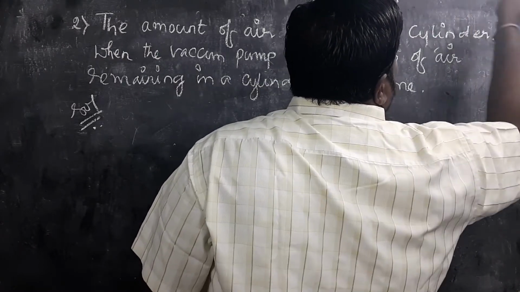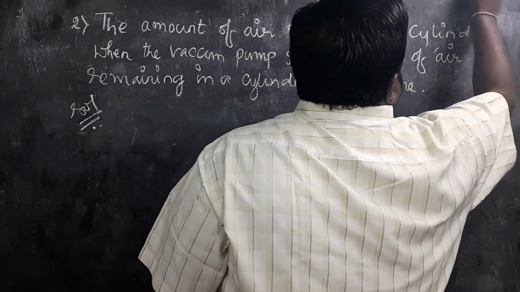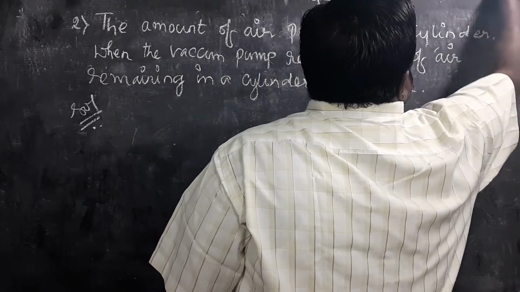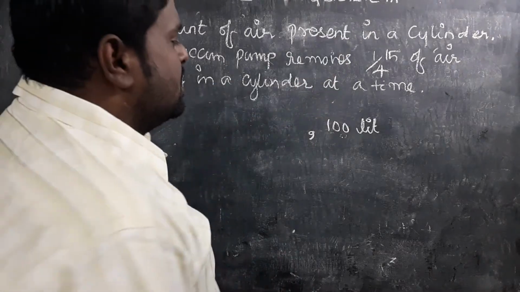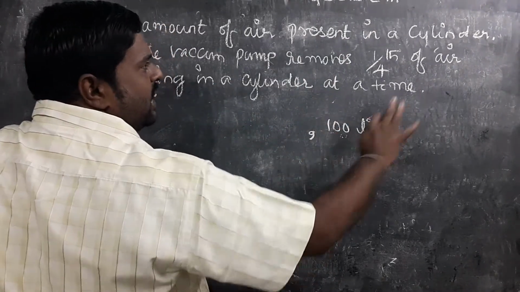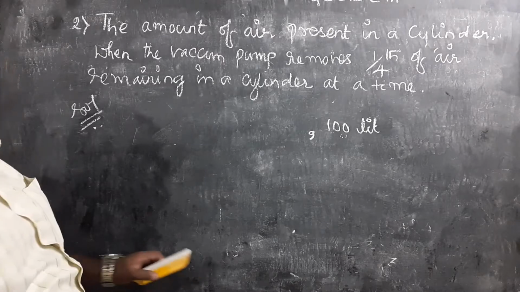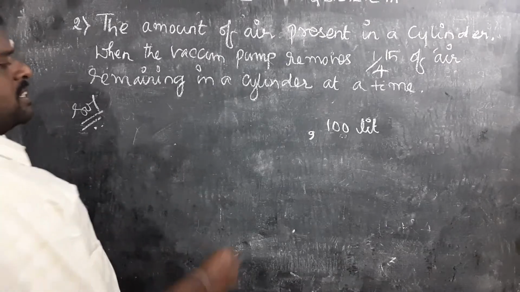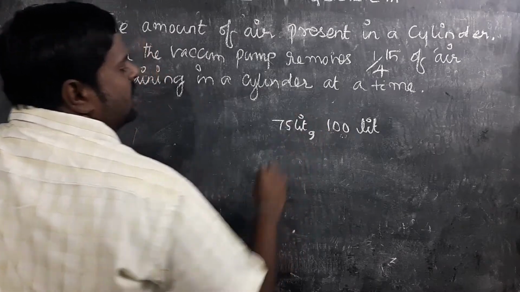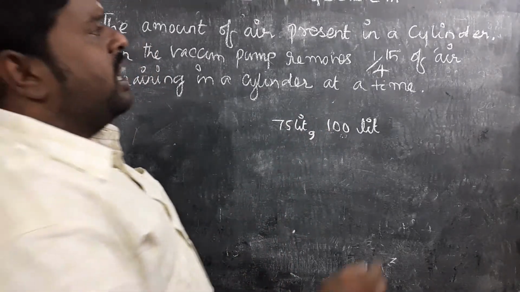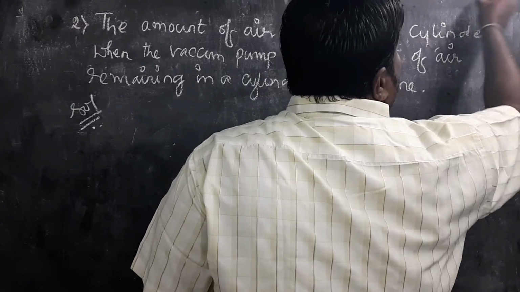1/4 is nothing but 25%. From 100 liters, you are taking out 25%, which means it's 75 liters. Look here, how do you write 1/4 as 25%? Very simple.